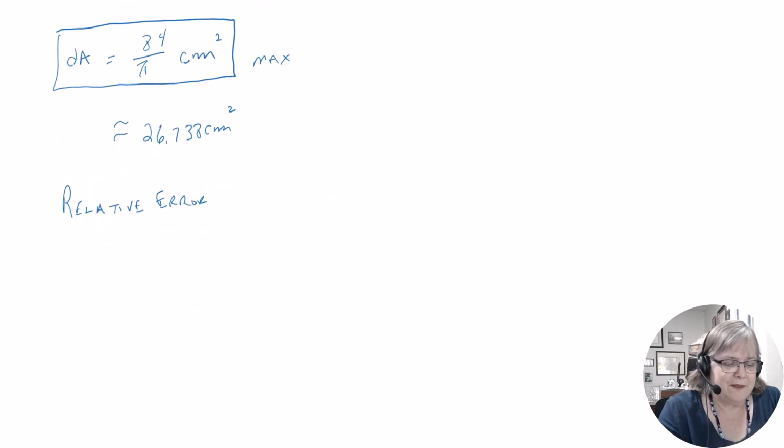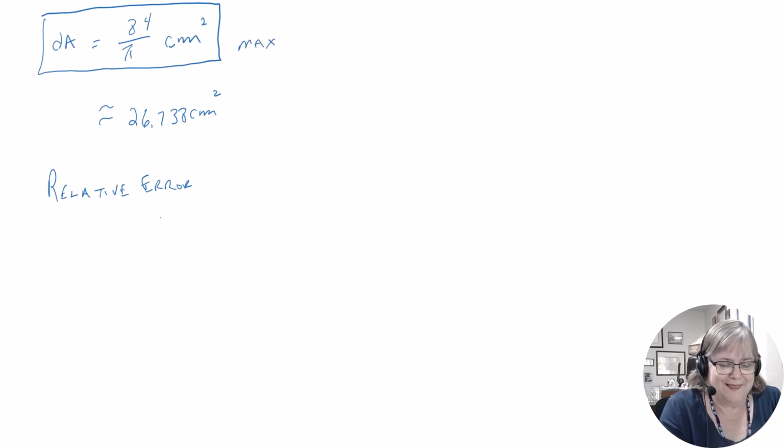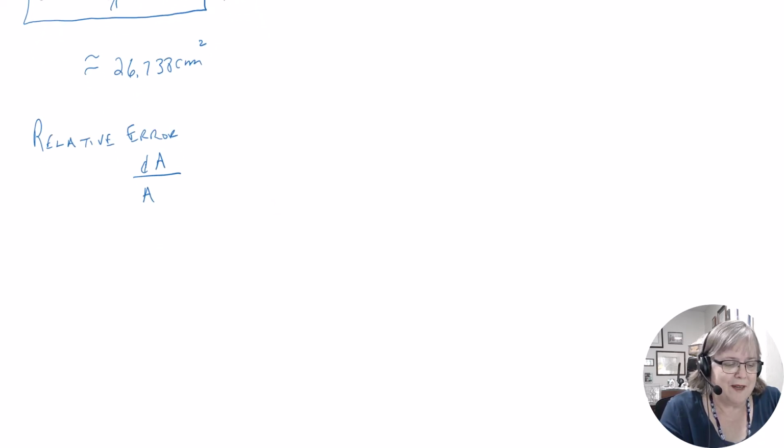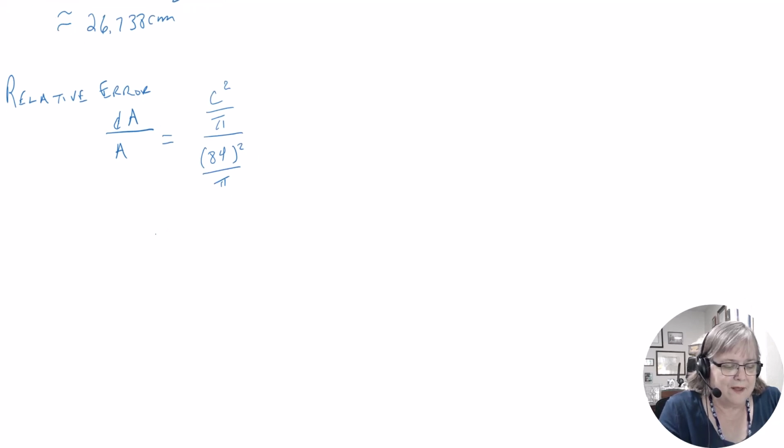All right. So the relative error is the computed one based on your possible error compared to the actual what it's supposed to be. Okay. So what this would be, turns out to be, is c squared over pi, that's what we had calculated, over this 84 squared over pi, because this is the actual area. And so this would be the centimeters.